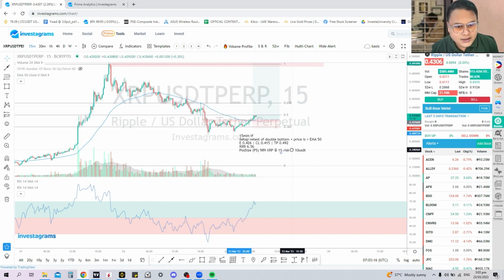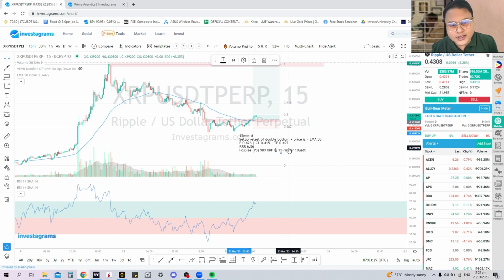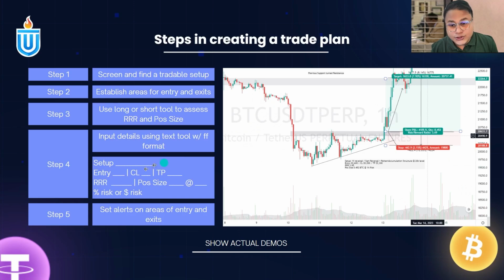So basically, pag nag-enter ka at your entry level and nag-cut loss ka at this level, ang mawawala lang sa pera mo is 10 USDT. And yung 10 USDT na yun is roughly 1% of your 1,000 USDT na capital. So yan, yun yung mga steps, 'di ba?